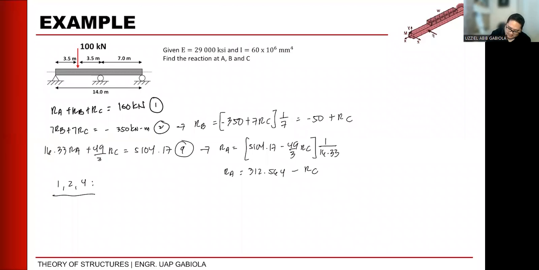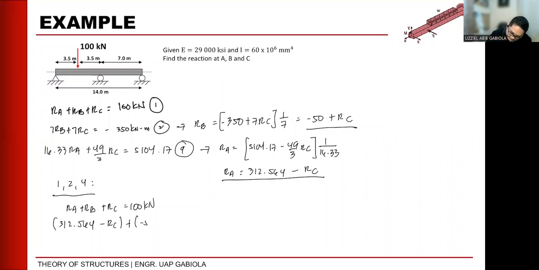So pag sinubstitute natin ngayon sa first equation, RA plus RB plus RC is 100 kilonewton. Substitute natin yung RA. So 312.564 minus RC plus yung RB natin, negative 50 plus RC plus RC is equals to 100.